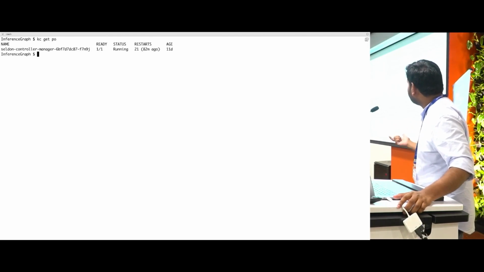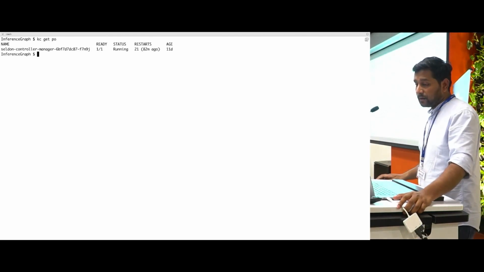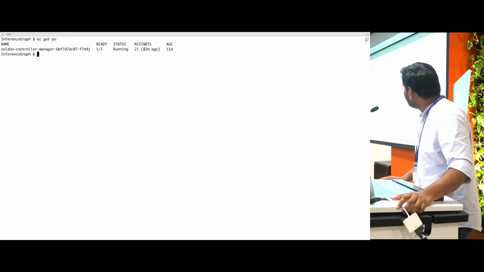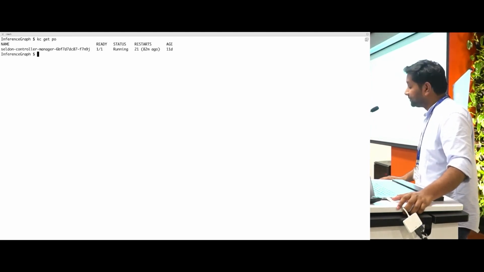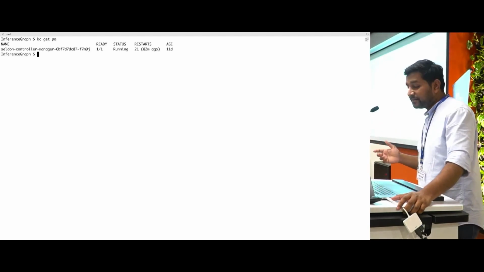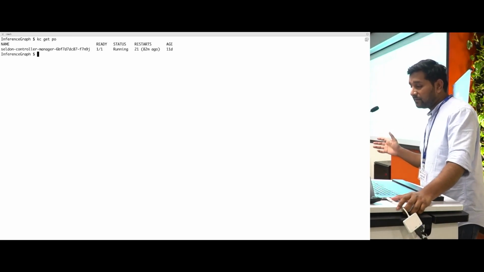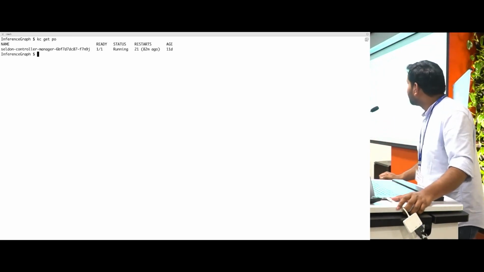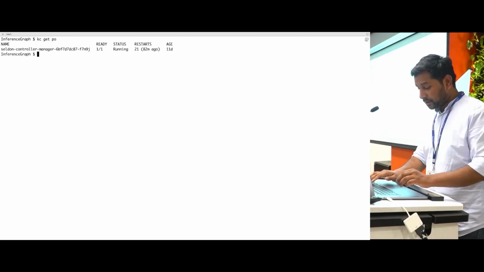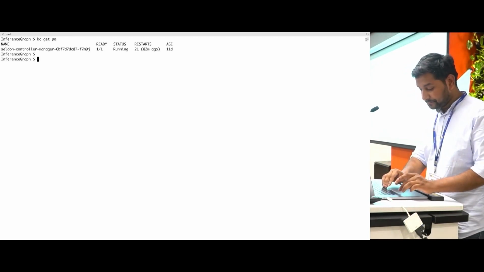This is one pod which is coming from the Seldon tool. The responsibility of this pod, or this running container, is to take the deployment file and send it to the Kubernetes cluster, so that the appropriate pods can be up and running. Now let's create the deployment.